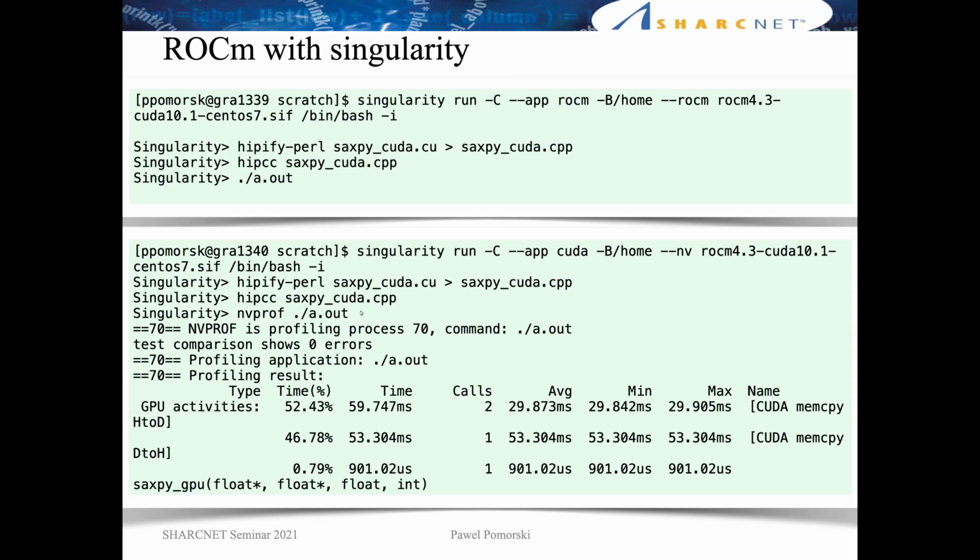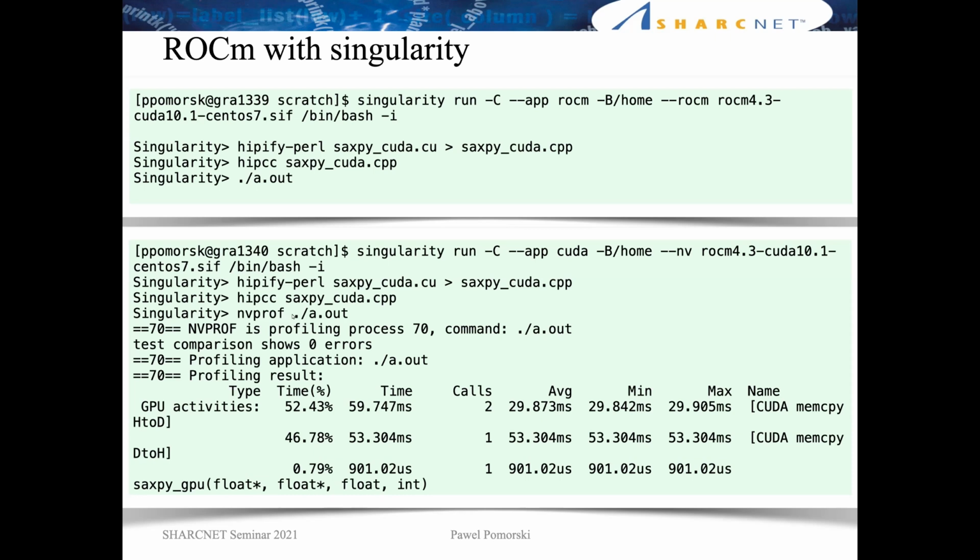So what ROCm does when you compile for NVIDIA, and by the way, with this switch, I have basically set all the environment variables so that compiling for NVIDIA becomes the default. This is why I did not have to specify anything saying compile this for NVIDIA. It will just happen automatically, which is quite convenient.